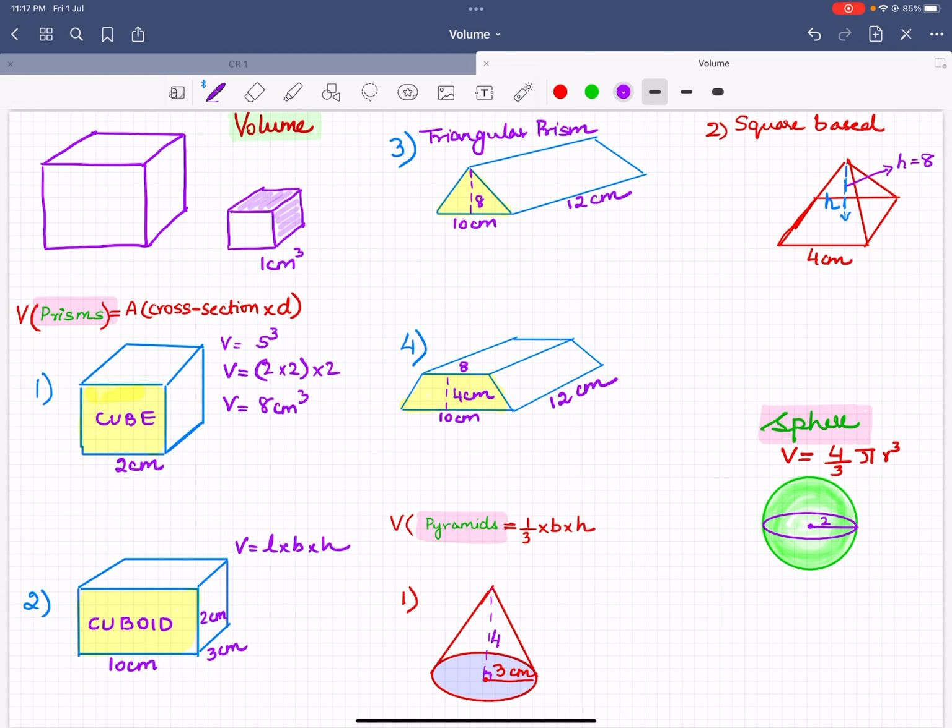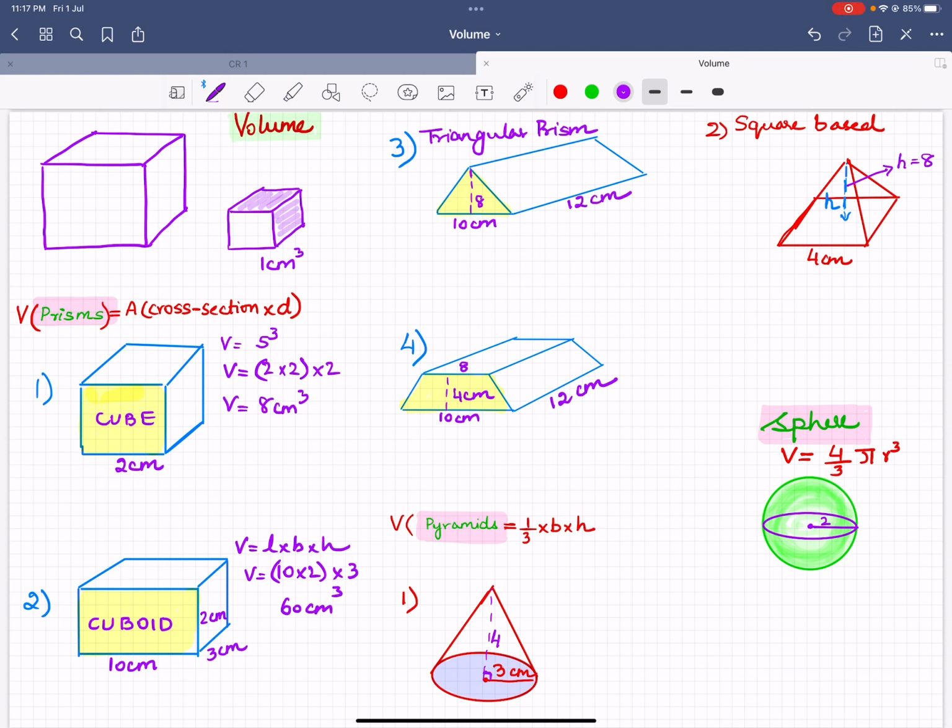So in any case we'll get the same answer. So the volume is equal to area of cross section, which is area of the front rectangle 10 times 2, multiplied by the depth, which is 3, and the answer will be 60 cubic centimeter.